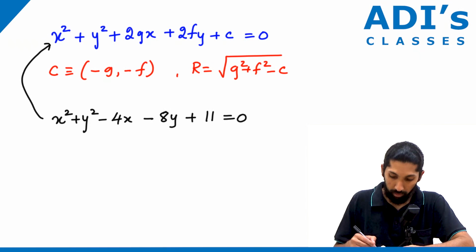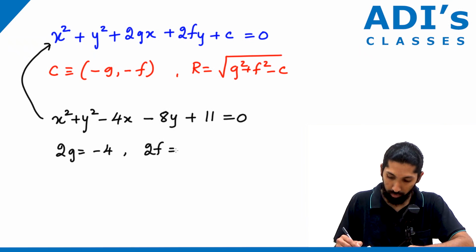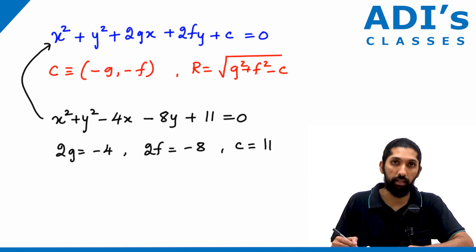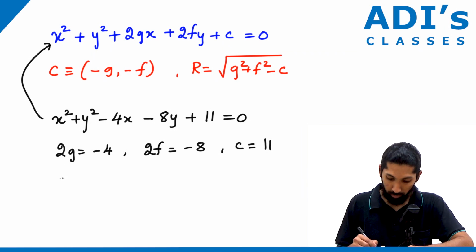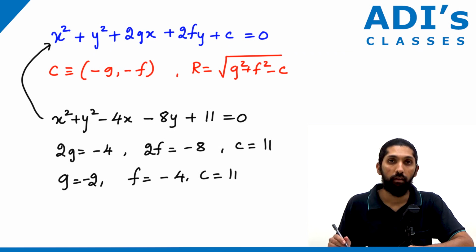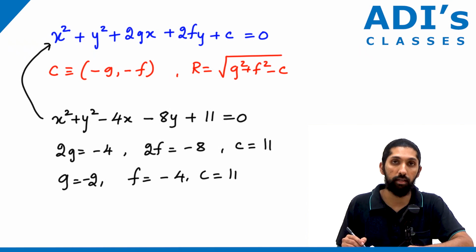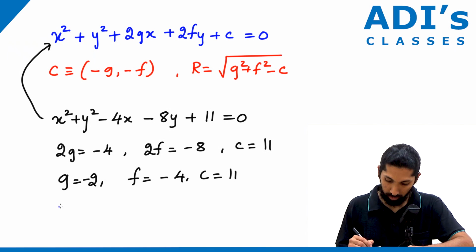When you compare, 2g is equal to minus 4, 2f is equal to minus 8, c is equal to 11. Correct? So g becomes minus 2, f becomes minus 4, c is 11. Now the center is given by minus g comma minus f, so the center is 2 comma 4.